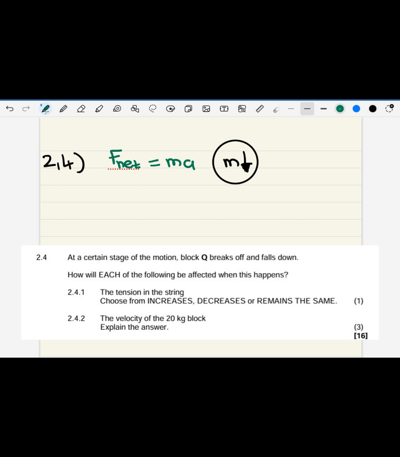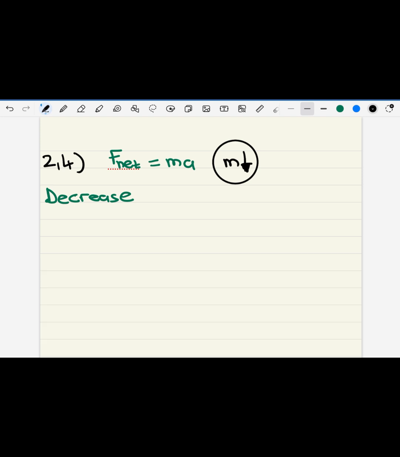How will each of the following be affected when this happens? The tension in the string. I'm just going to give you the answer. The answer is decrease. And why does it decrease? Let's think about it. I always like to think of real life scenarios.